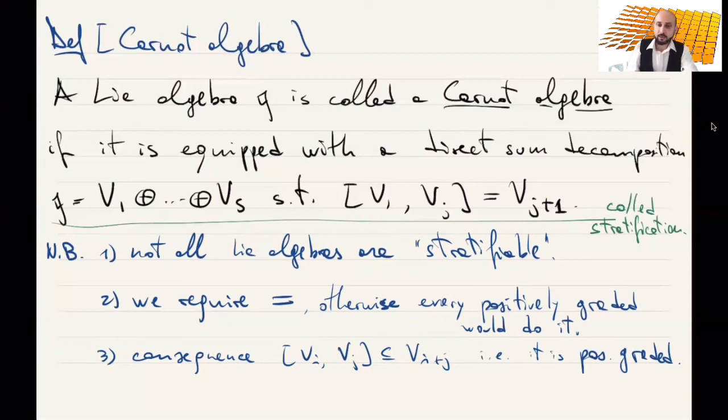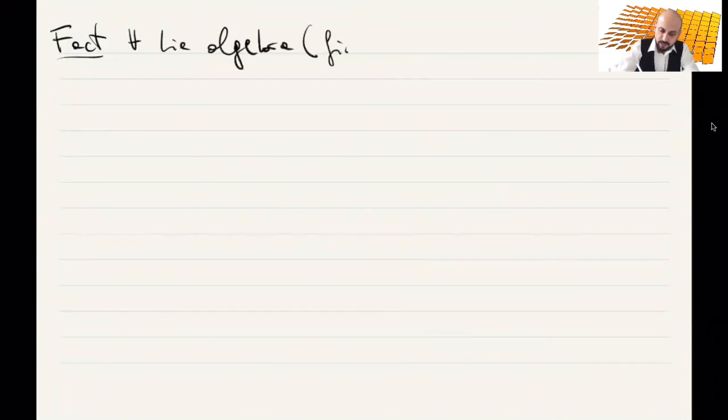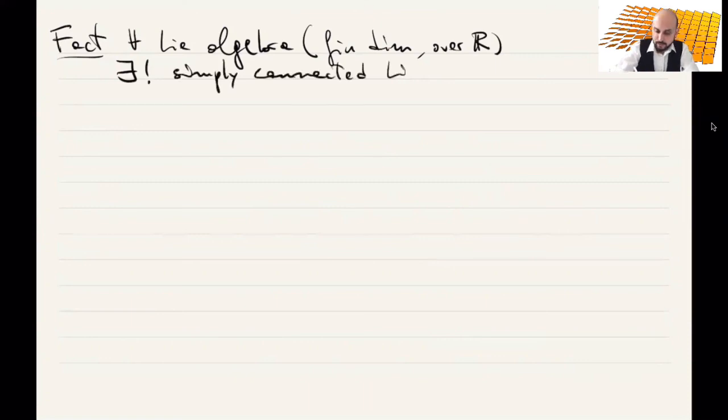Now let's remember that whenever you have a Lie algebra, finite dimensional and over R, there exists actually unique up to isomorphism a simply connected Lie group with that Lie algebra.